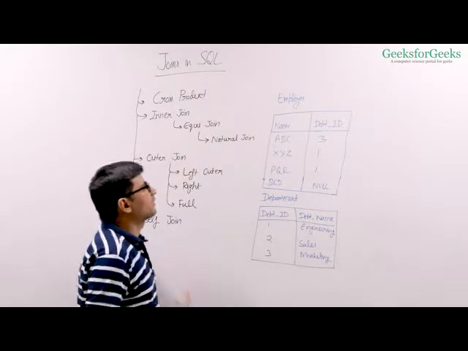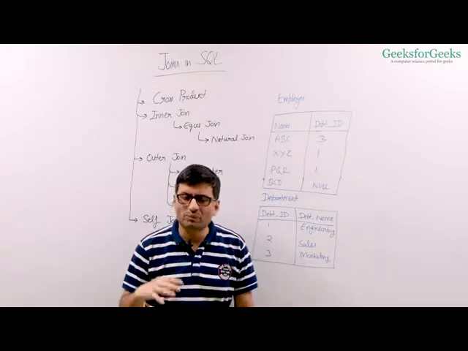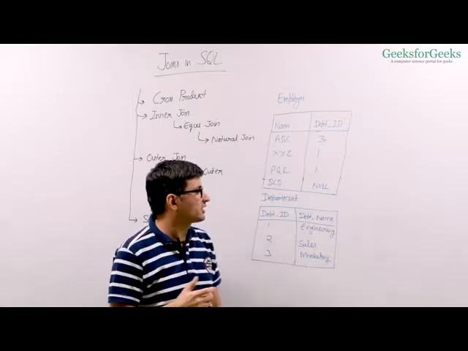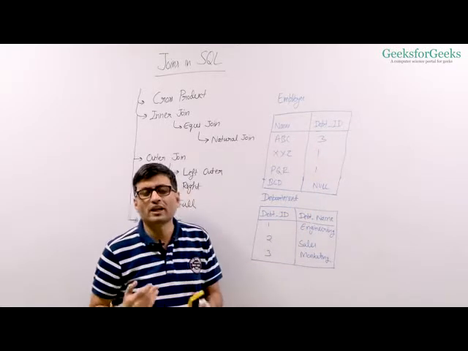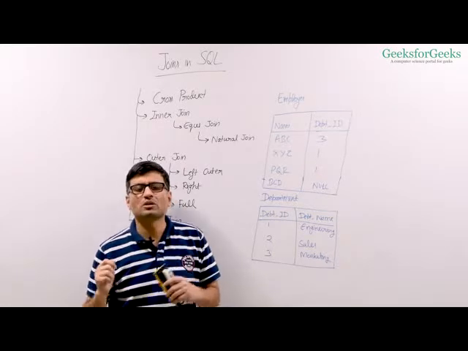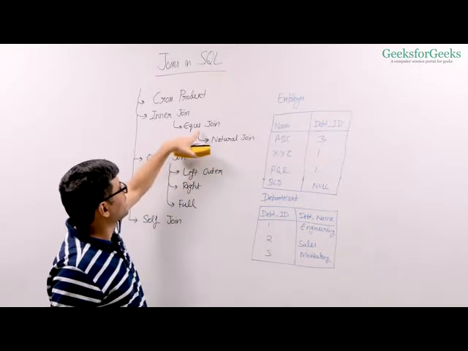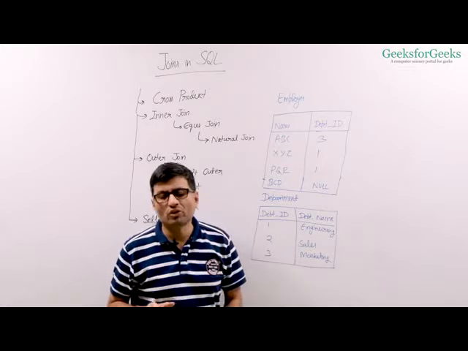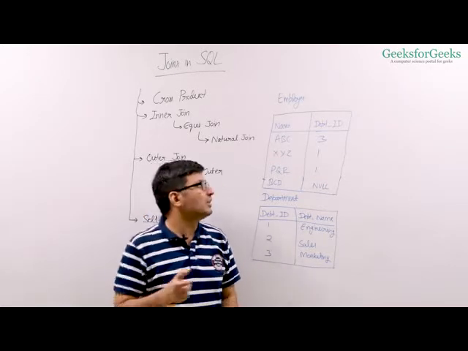Equi-join is a special case of inner join when you are using the equal operator for comparison. So my previous inner join, where this department ID is equal to that department ID, is an inner join, and it's an equi-join also because we are using an equal operator to do the join. Natural join is again a special case of equi-join where you are doing the join on the columns which have the same names.